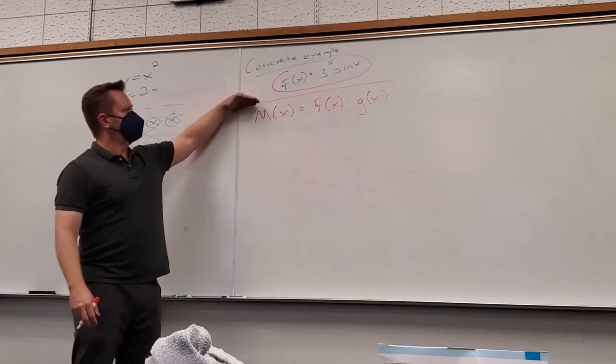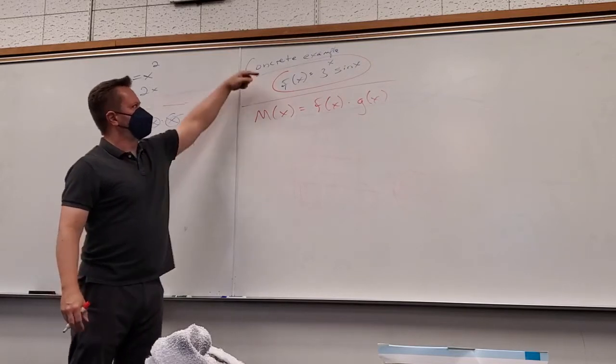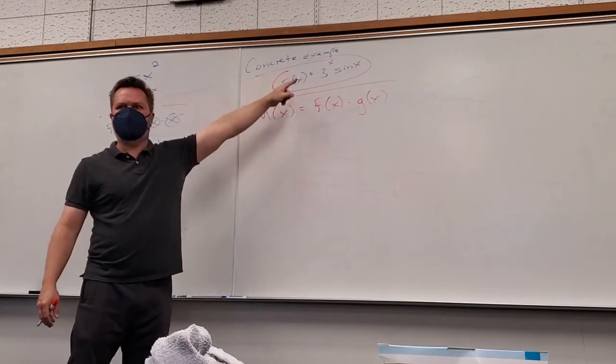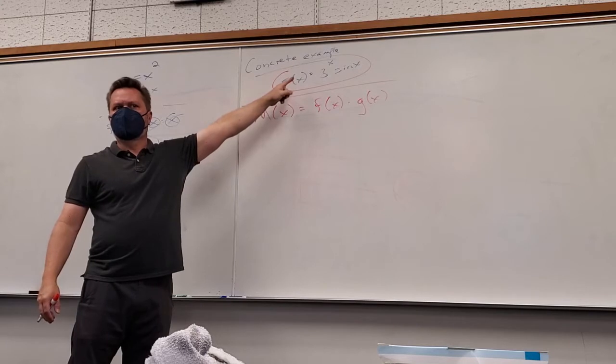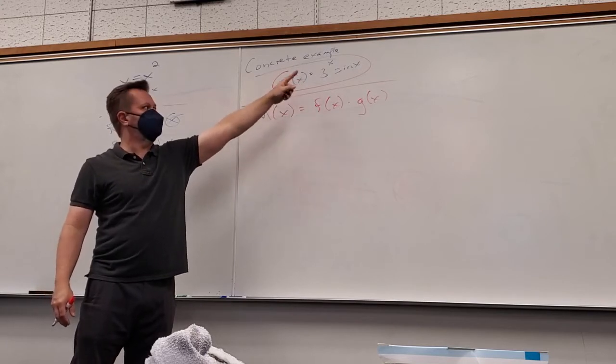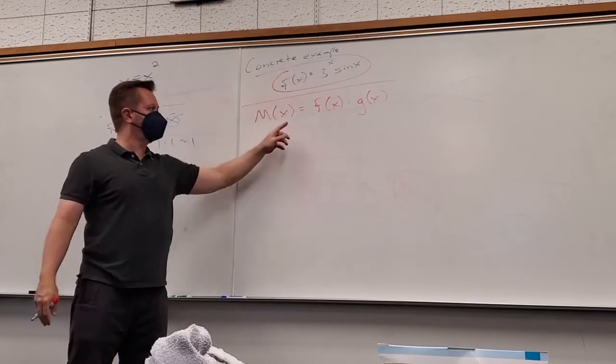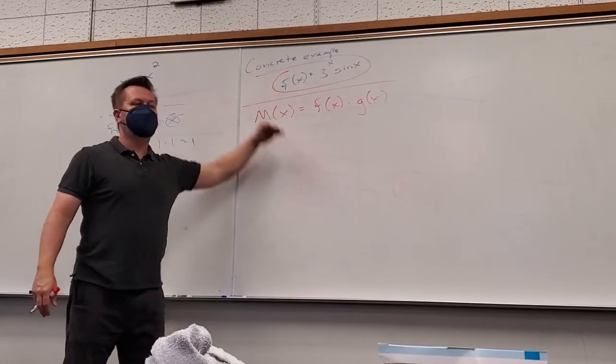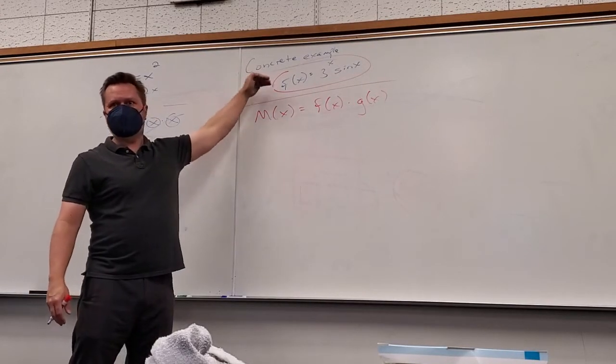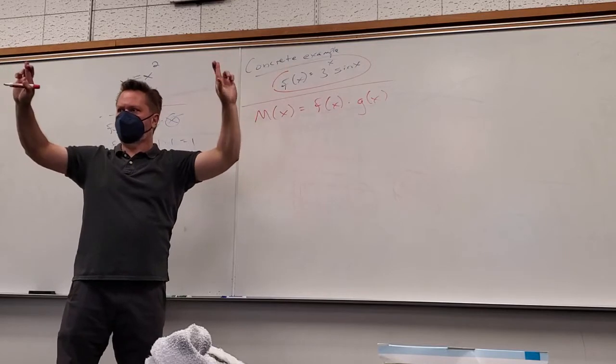So if we do this, I could apply it here, of course, because what would f of x be? 3 to the x, and what would g of x be? Sine x.